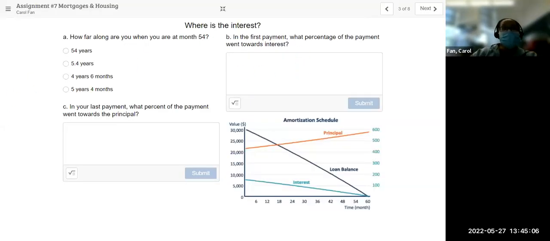Okay, let's talk about some of this. How far along are you at month 54? Now, for us to represent 54 months in years, we're going to take 54 and divide it by 12.